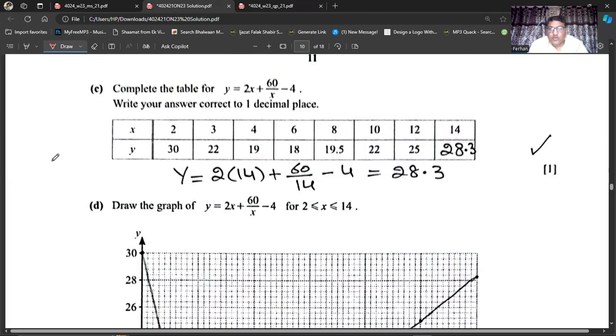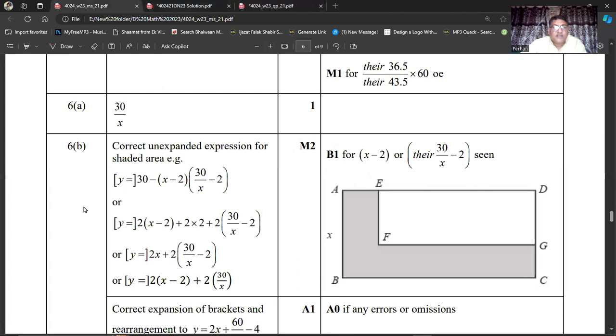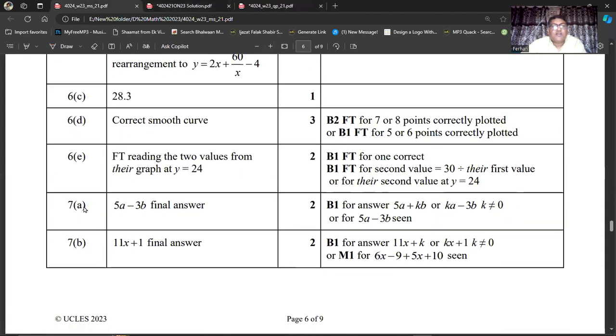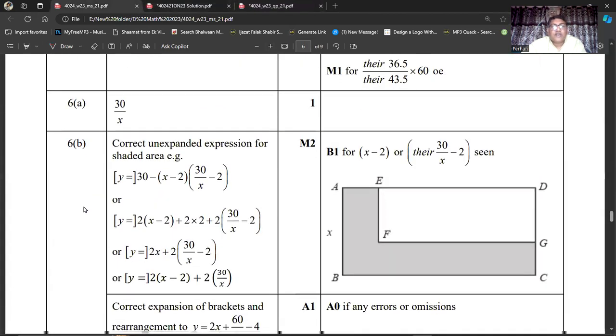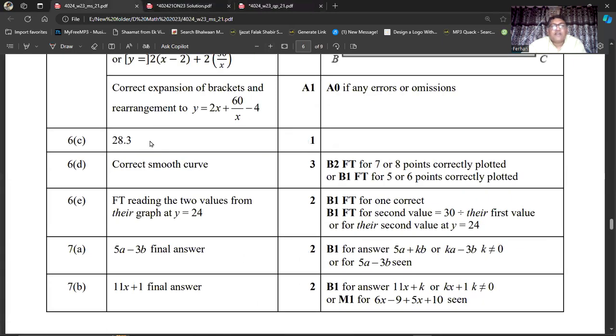So y will be equal to, on your calculator, you will write 2 multiplied by 14 plus 60 divided by 14 minus 4, equals, and that will be 28.3. This is how you do that. Okay, so 28.3 is the right answer, sir.